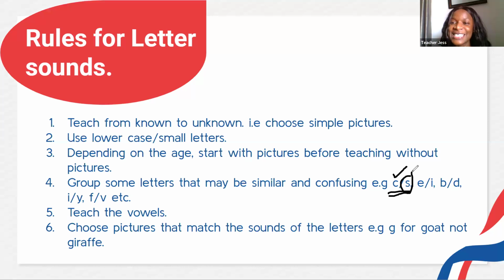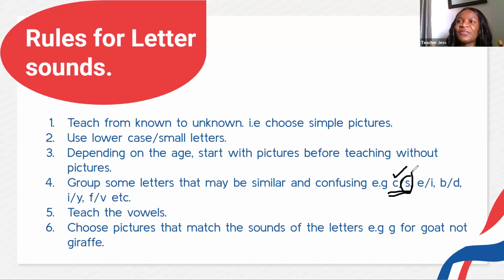When you say C, that's almost the sound of letter S. Do you understand? So teach confusing letters, group the letters, letter C and letter S, so that when you're having dictation, when it's time to spell, remember when you're teaching, you must give dictation to be sure you and the kids are on the same page.